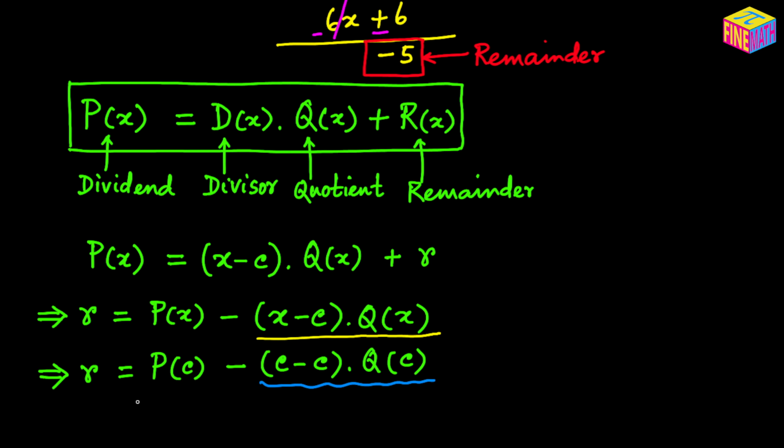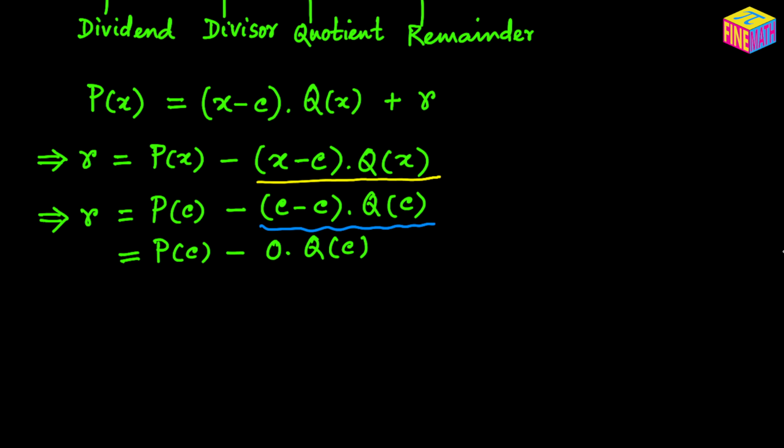So here we can say, okay, so this is equal to p of c minus 0 times q of c, which essentially means p of c minus 0, that is equal to p of c. All right. So finally, let me write down the picture.